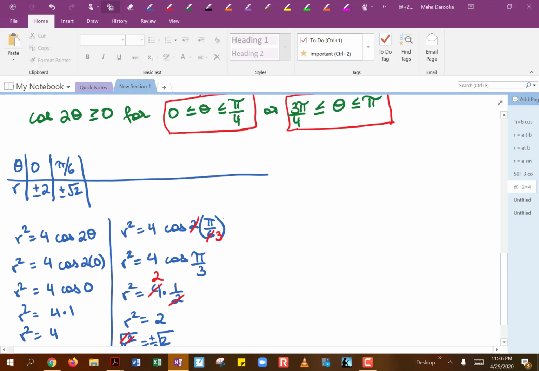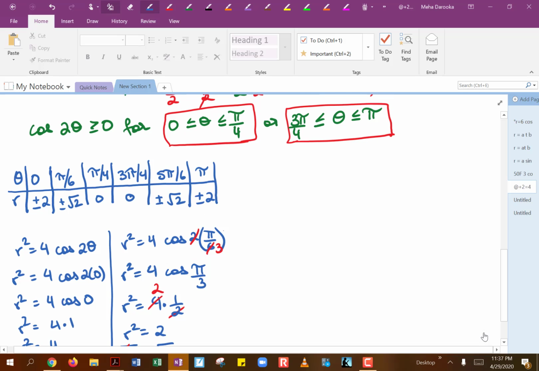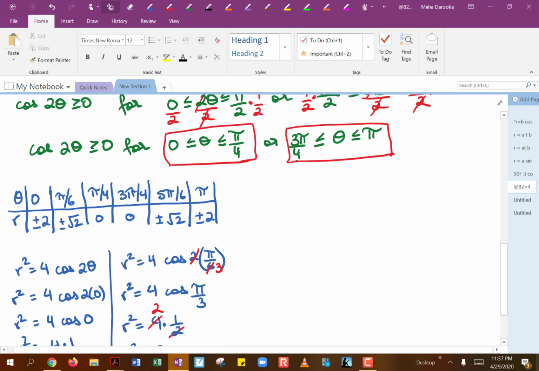Okay, so go ahead and do the same calculation all the way through pi, and let's see what kind of values we are coming up with for r. Remember our theta values can only go from 0 to pi over 4, so that would be the first 3 values in our table over here, and then you can pick it right back up from 3 pi over 4 to pi, which will give you the last 3 values of your theta.